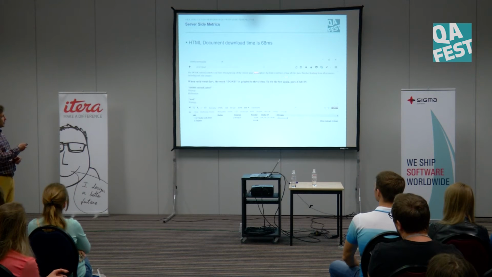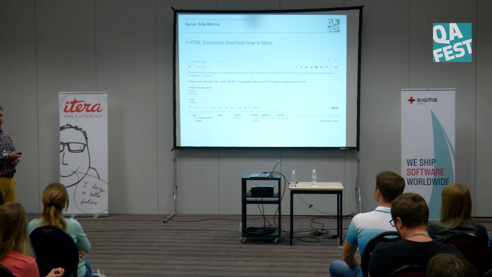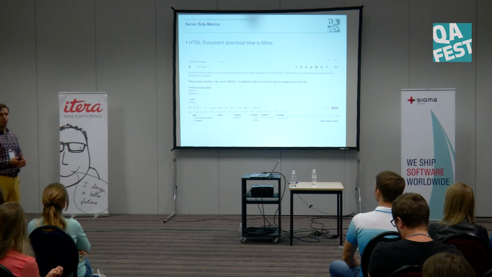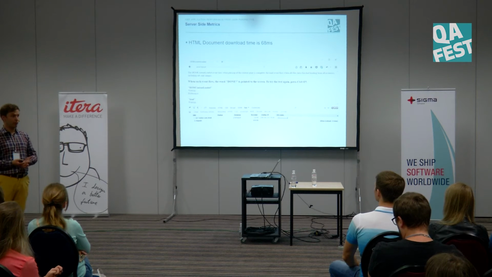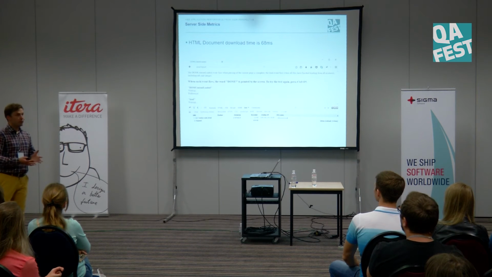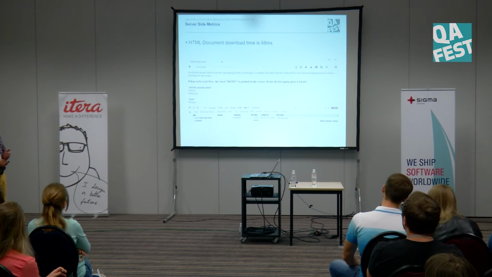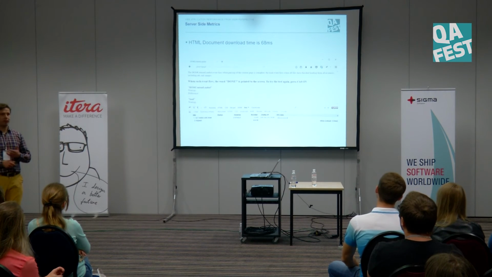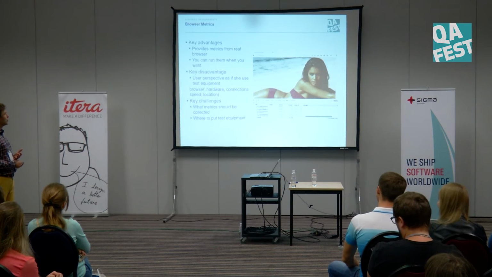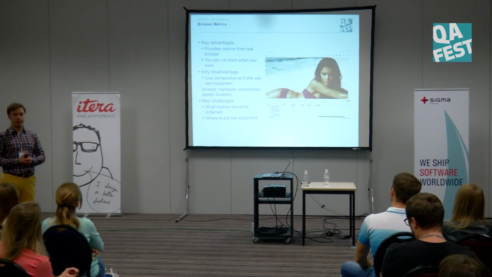But even in this example, you can see that the browser needs approximately 300 milliseconds to process this web page. So there is a huge difference between download time and the time that the browser needs to process and display the web page. So knowing this could lead us to the conclusion that to measure the real user perspective, we actually should use a real browser.